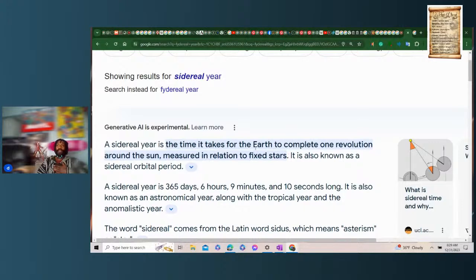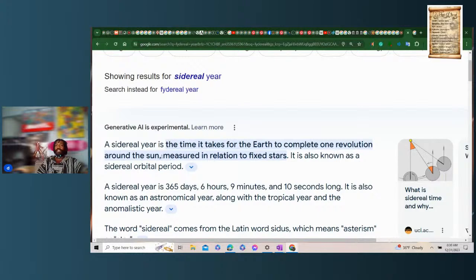So I was leaving out an equation too. I left out the Earth. I apologize. So sidereal year is a way of measuring, of calculating the time that it takes for the Earth to do one revolution around the sun.